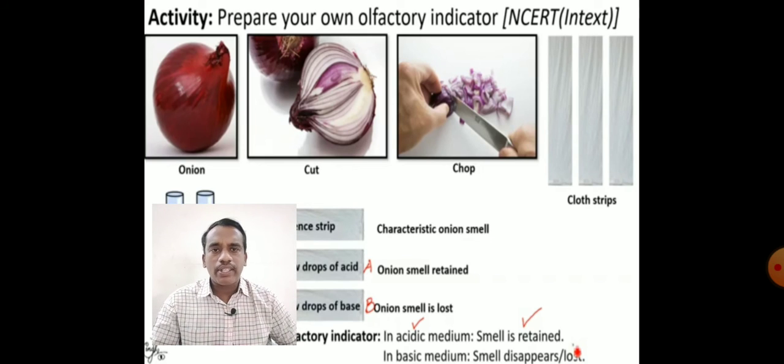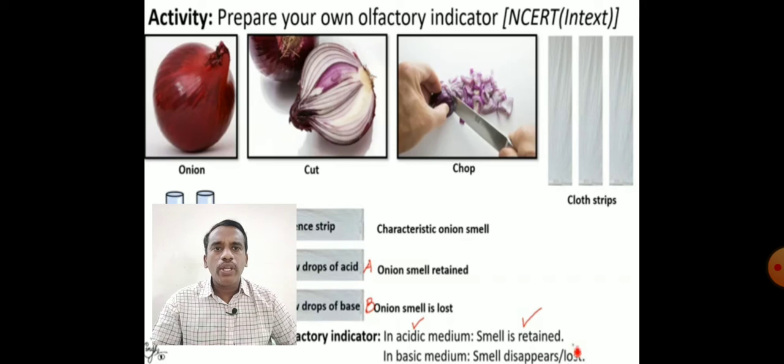Now our task is to cut this onion and chop it into pieces. After chopping them into pieces, take 3 cloth strips. You are going to take the cloth in a thin strip and tie it with the onion pieces.